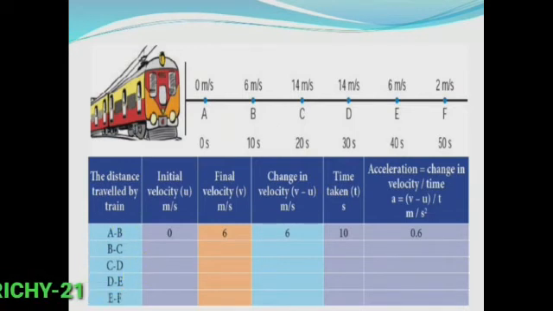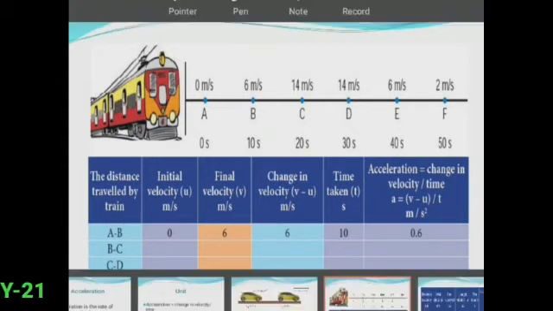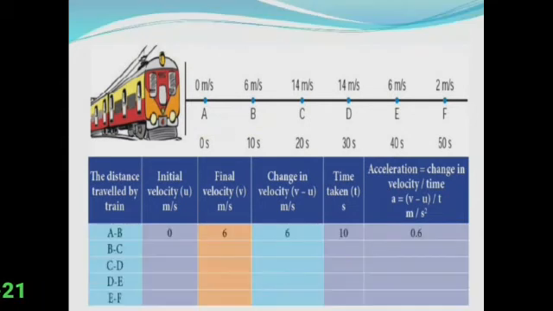So next, the initial velocity from A to B. Here from A to B, the initial velocity u is 0, because the velocity at point A is 0. Then it reaches B, and this is the final velocity. So 6 is the final velocity.